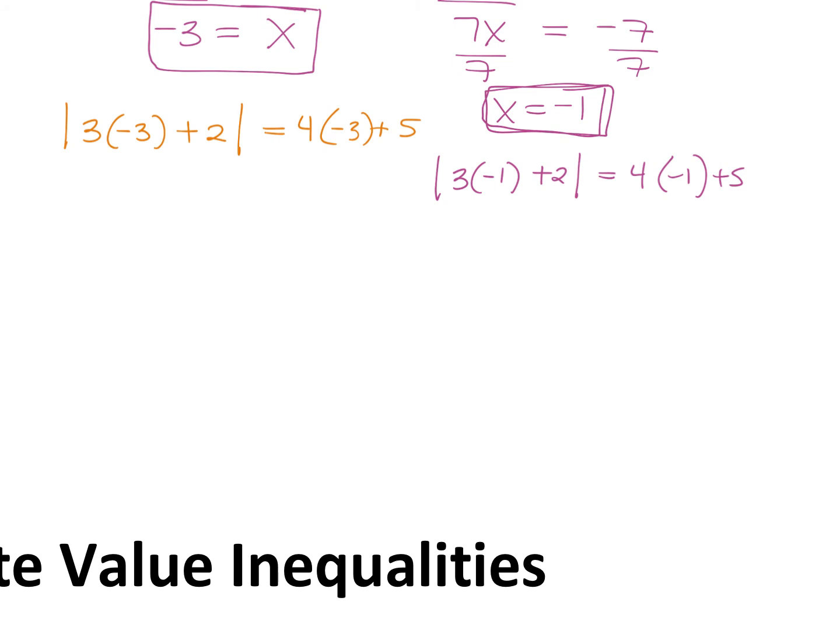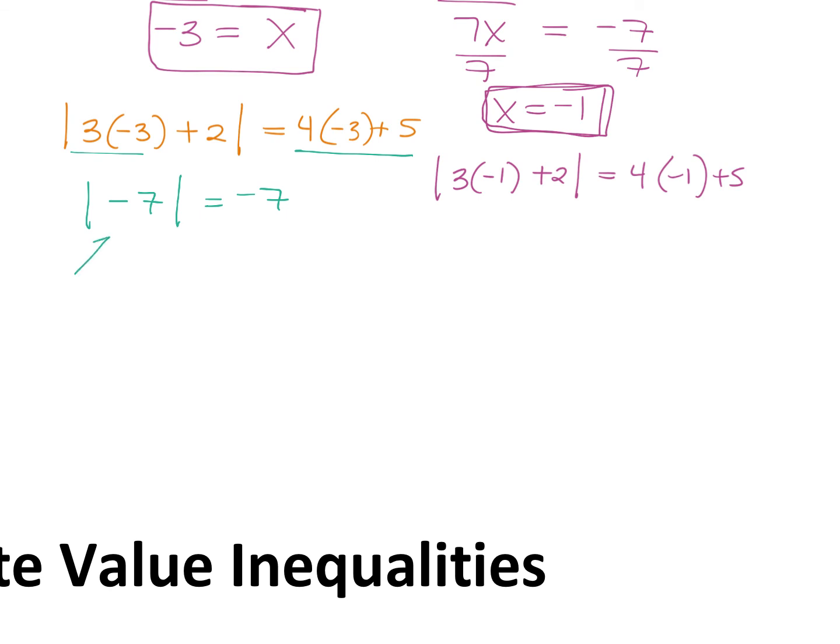So we plug it in. 3 times negative 3 is a negative 9. Negative 9 plus 2 is what? Negative 7, right? Equals, now simplify this side. 4 times negative 3 is a negative 12. Negative 12 plus 5 is a negative 7.